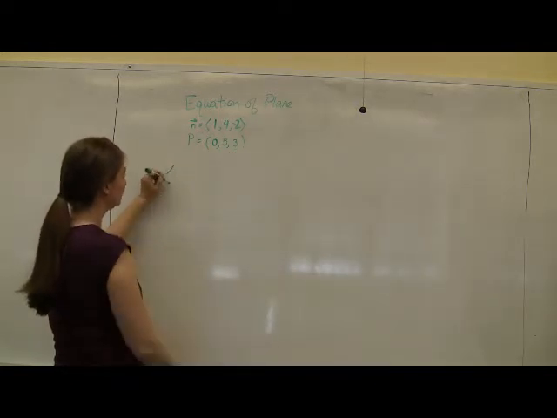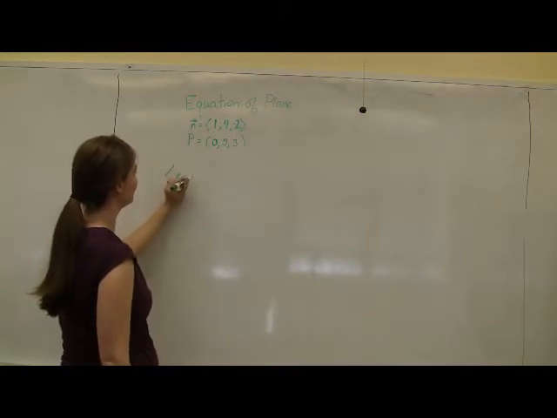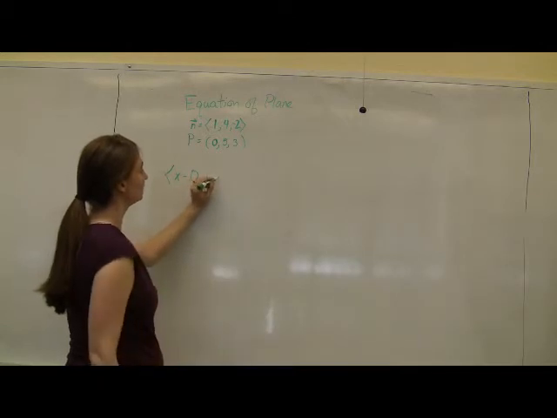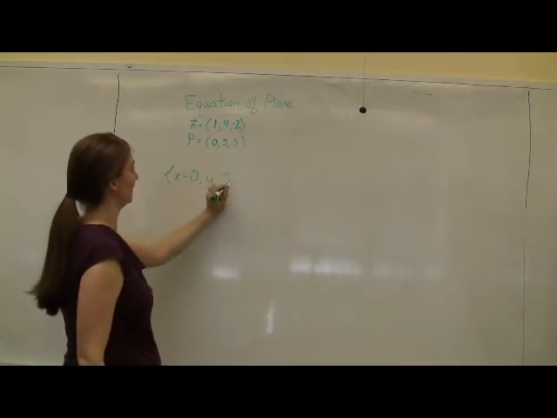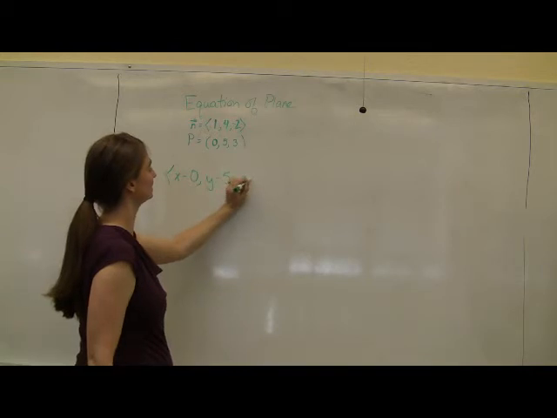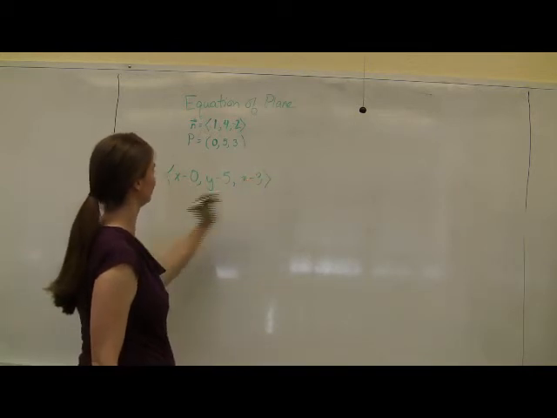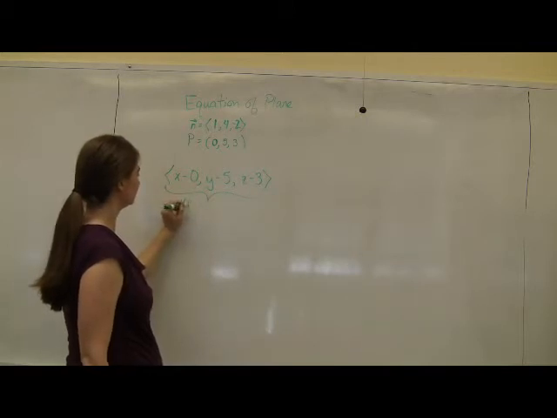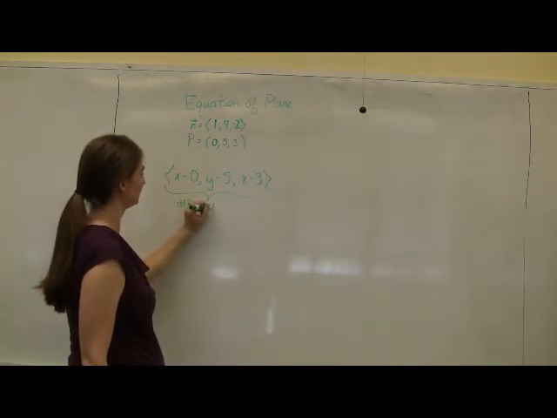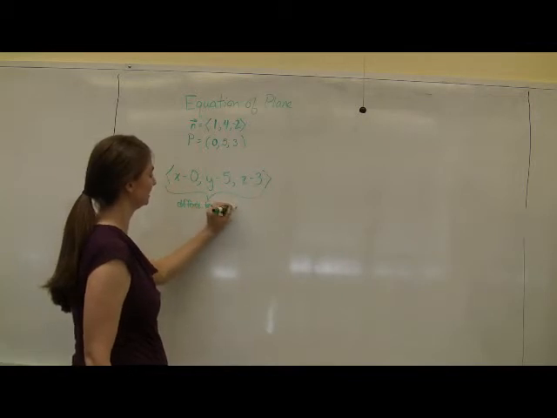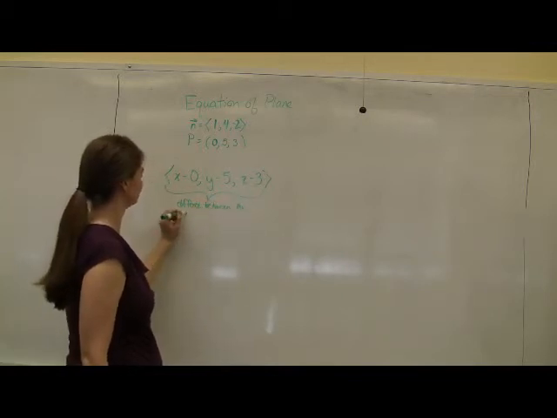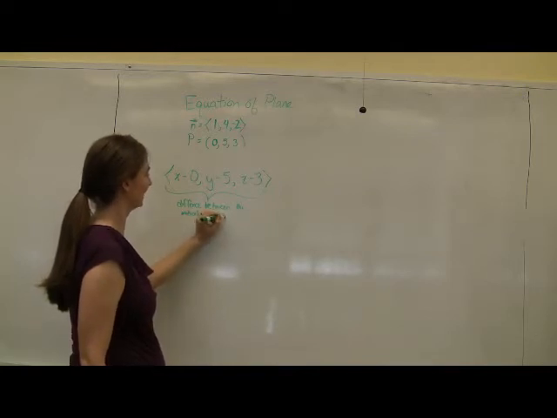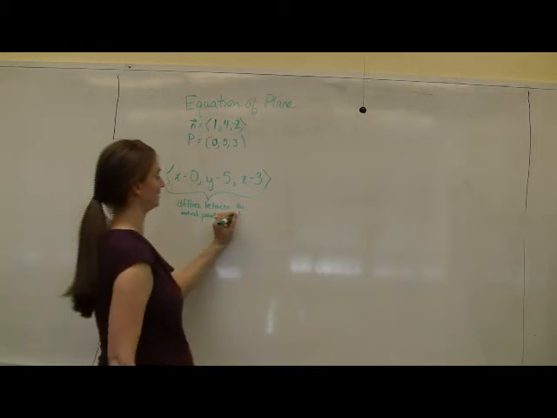So first, I'm going to look at my x minus x naught. X naught in this case is 0. Y minus y naught in this case is 5. And z minus z naught in this case is 3. This is the difference between the initial point and my point xyz.